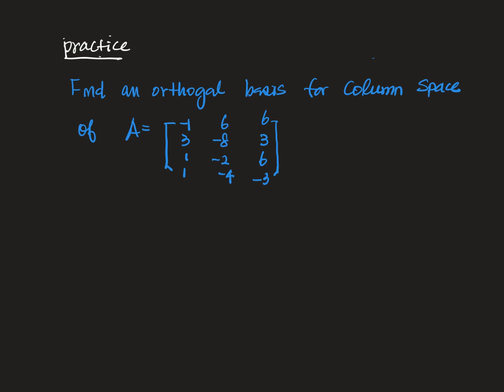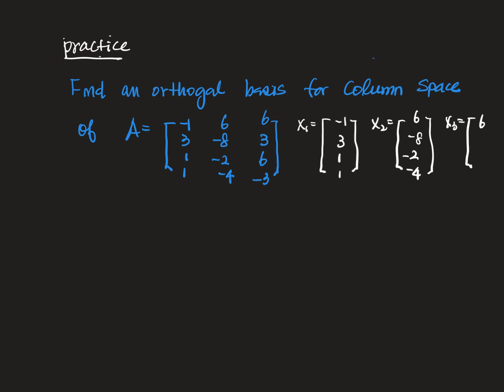We have a practice problem for the Gram-Schmidt process. The question says to find an orthogonal basis for the column space. So we have to find the column space first. x1 is the first column, (-1, 3, 1, 1). The second column is (6, -8, -2, -4). The third column is (6, 3, 6, -3).